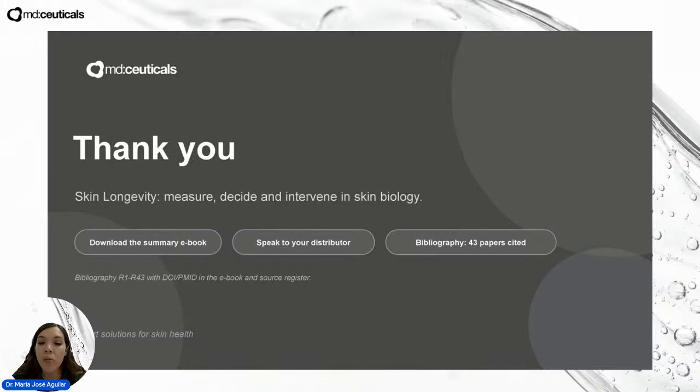The polynucleotides and the exosomes are going to increase the oxygenation. The oily skin is going to be controlled because you are controlling the inflammation that could be creating that oily skin or that damage in the barrier, and you are going to regulate the environment in the skin. So you can also combine Cooperov and exosomes.